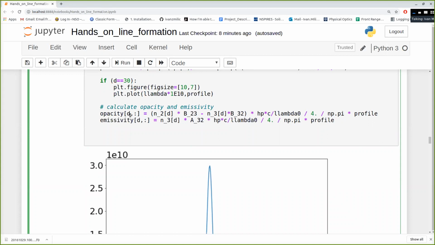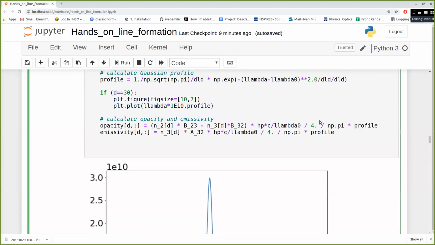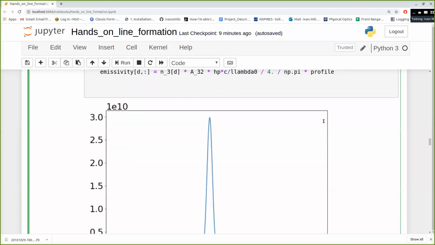So opacity at point D is an array of length equal to the number of wavelengths, and the profile is the same. Once again, through these equations, you can clearly see that all the wavelength dependence of opacity and emissivity comes from the line profile. So now we have opacity and emissivity because of the spectral line processes.